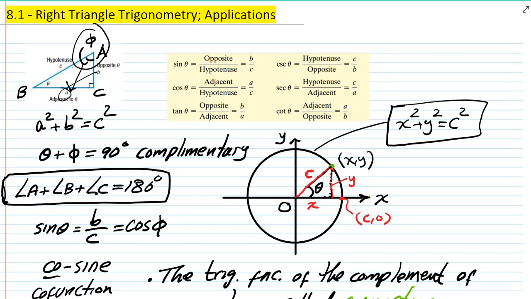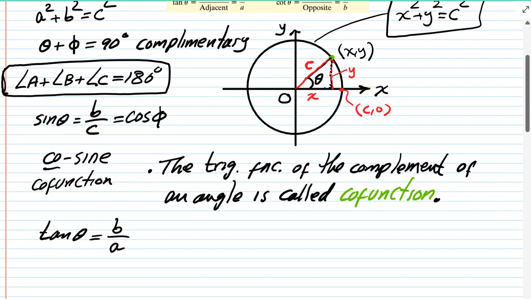Opposite of phi to adjacent. To keep it the same as the one I had earlier, b is adjacent to phi and a is opposite to phi. So this is going to be the same as cotangent of phi. See that?